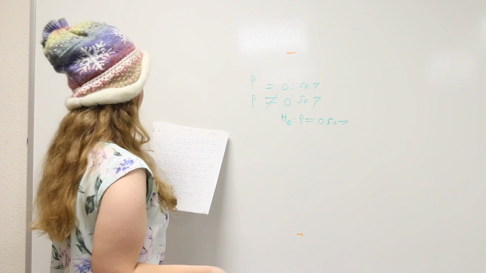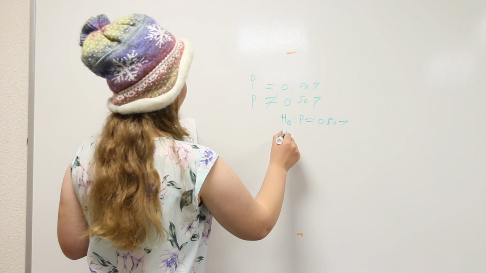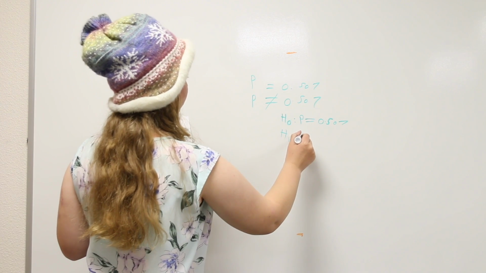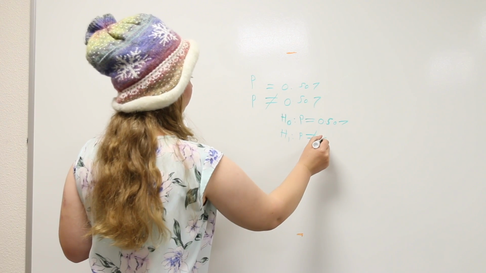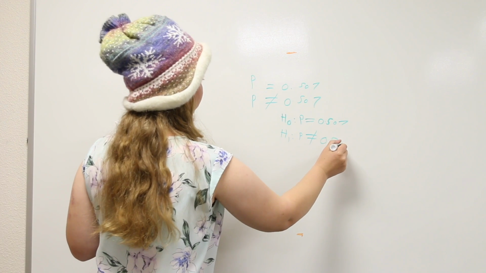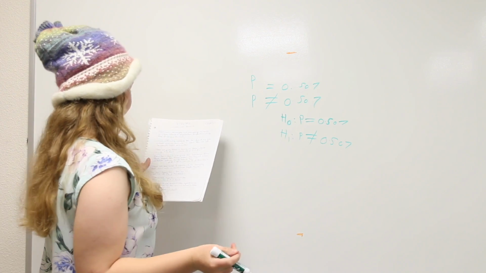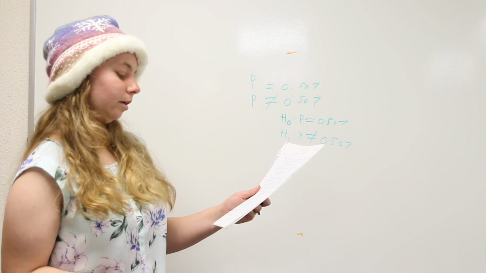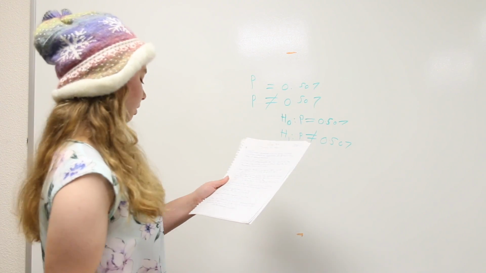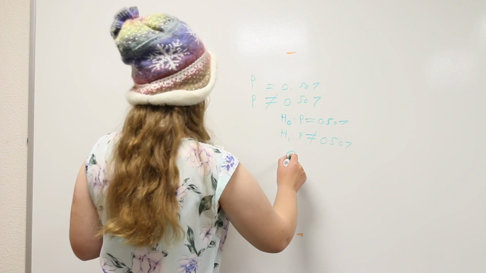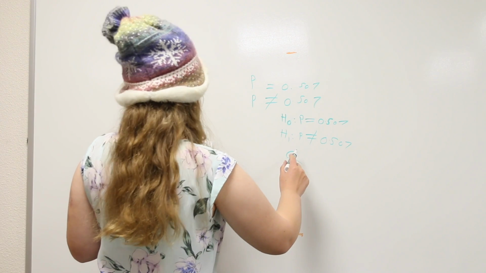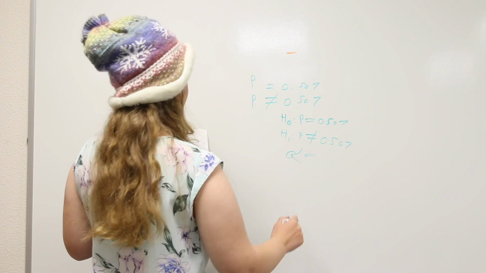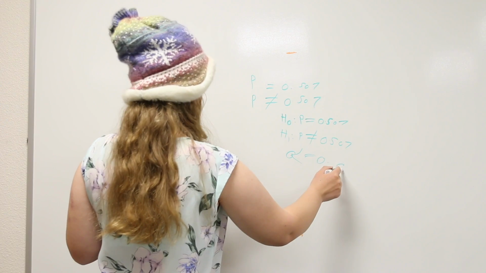And the alternative hypothesis will be H sub 1, colon, p does not equal 0.507. For step 4, we select the significance level alpha, which for us was stated in the problem. So it is alpha equals 0.01.